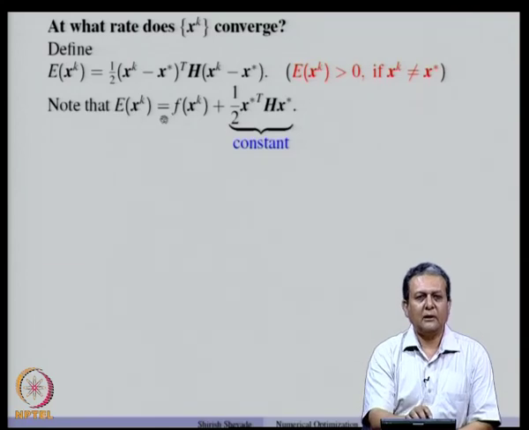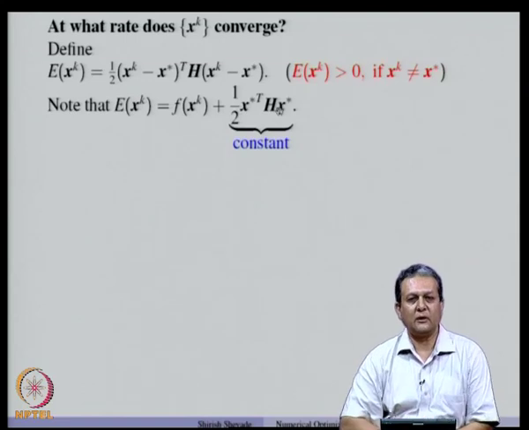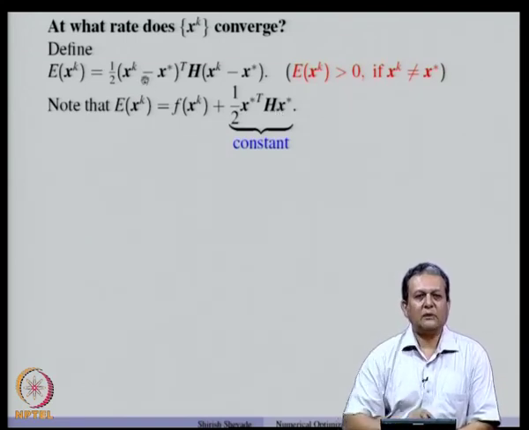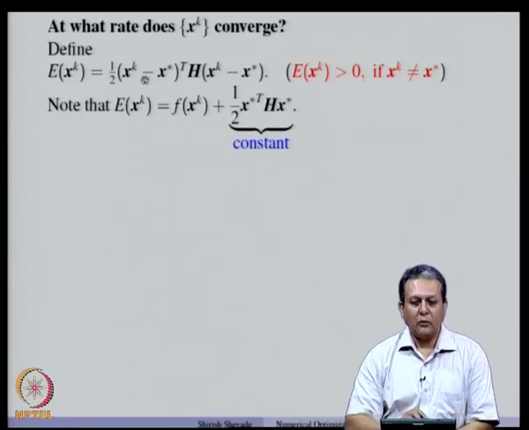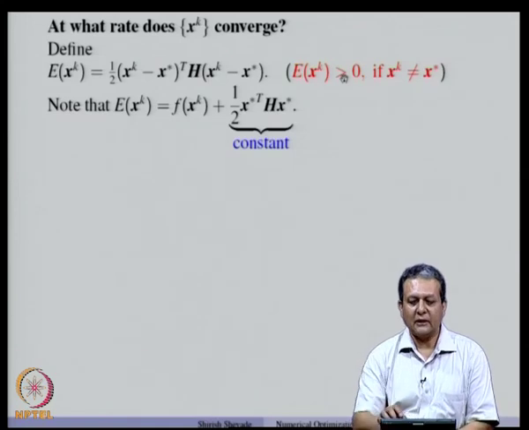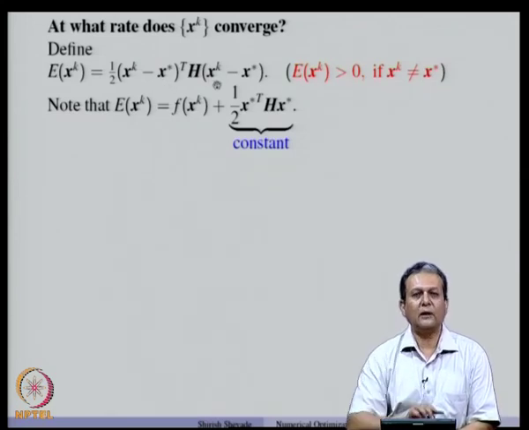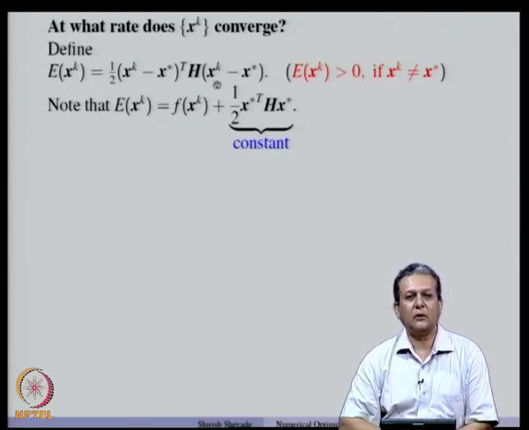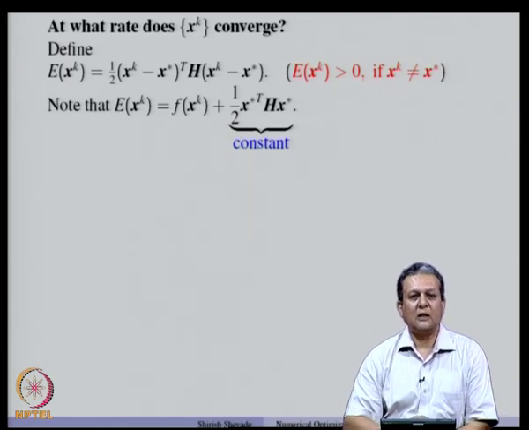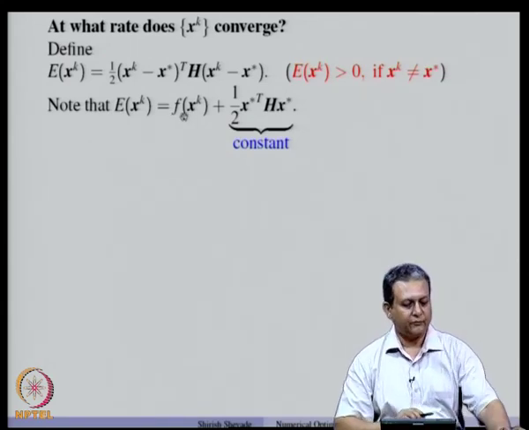Remember that we are not losing anything, because e of x is nothing but f of x plus constant. The reason why e of x is chosen is the nice form it has. This function is positive when xk is not equal to x star, and when xk equals x star, the function is 0. So, we will see what happens to e of xk when the steepest descent method is applied to minimize f of x.